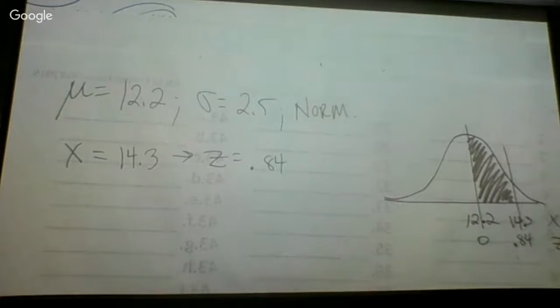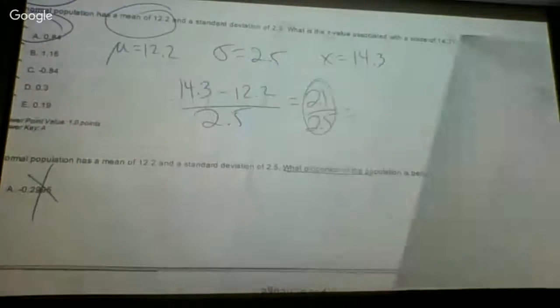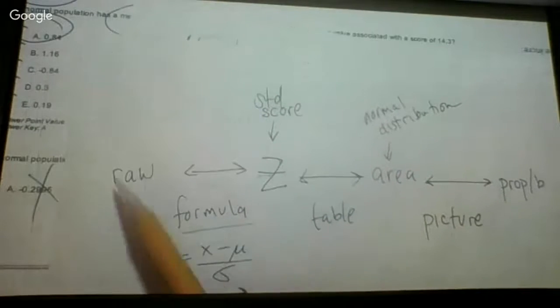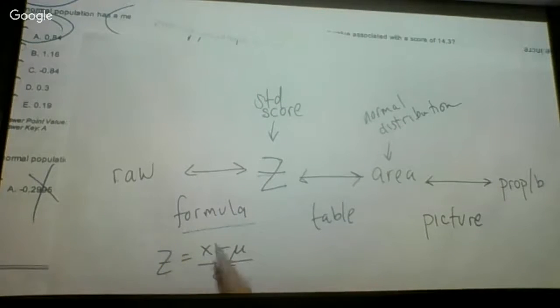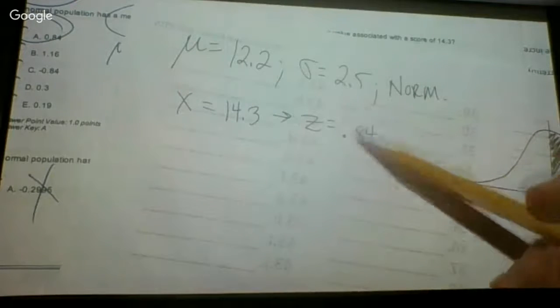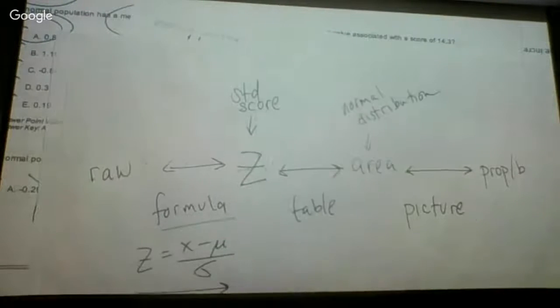The z of 0.84, I come back to my concepts. I've taken that raw score of 14.3, used the formula, and compared to a z-score of 0.84. Now I've got to take that z-score of 0.84 to my table.